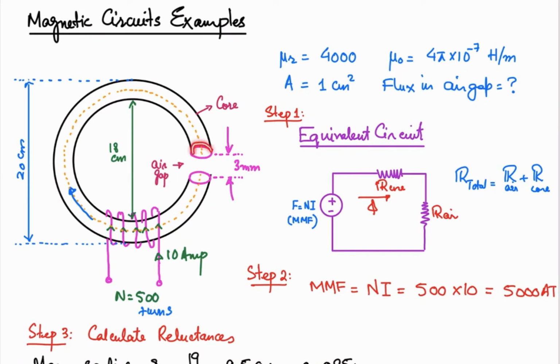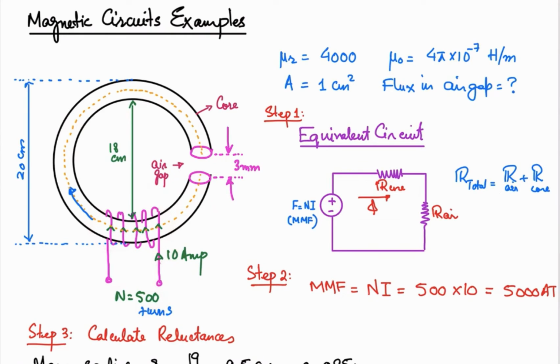The cross-sectional area of this core is 1 centimeter square, and we need to work out the flux in this air gap. The length of this air gap is 3 mm, right? And the coil is shown over here. There are 500 turns in it, and a 10 ampere current is being injected in this coil.